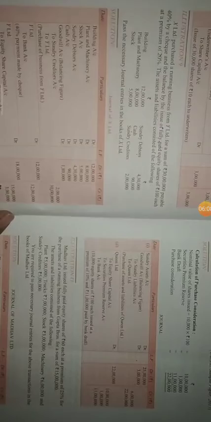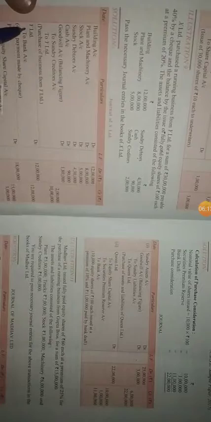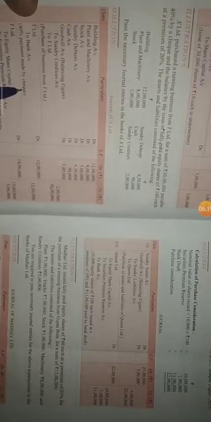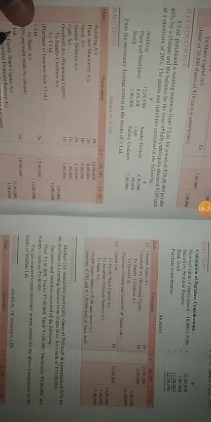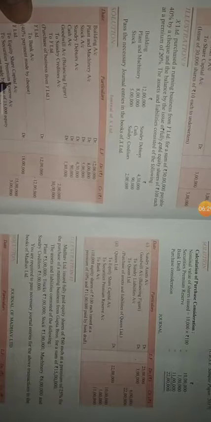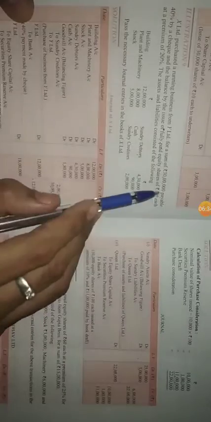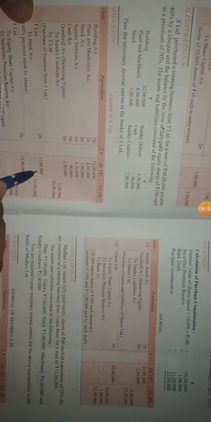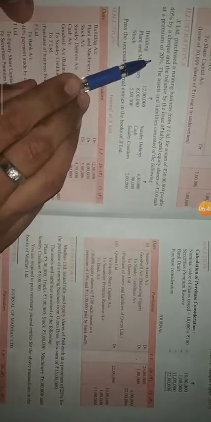After that, we will pass the next entry for the payment done by X Limited to Y Limited: debit to bank account, that is 40% payment made by cheque, 12 lakh. After that, it makes the payment to Y Limited account debit to equity share capital account. Total payment was 30 lakh, 40% paid by cheque, that is 12 lakh, and remaining 18 lakh paid by equity shares on premium.